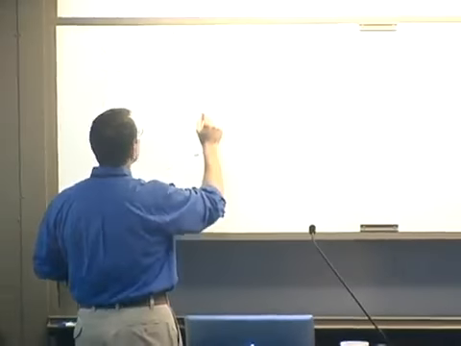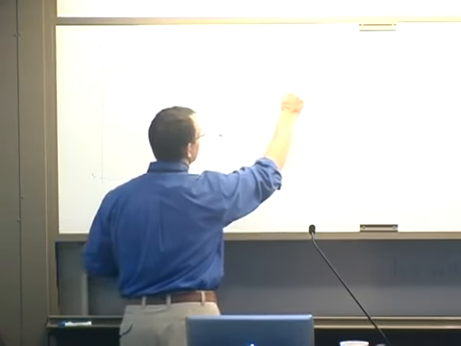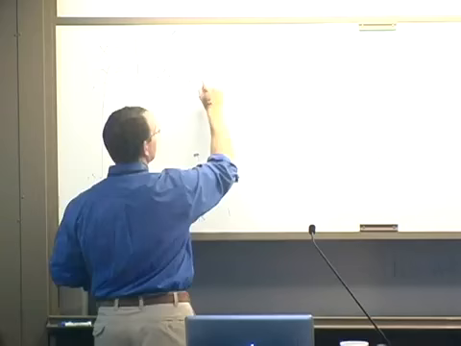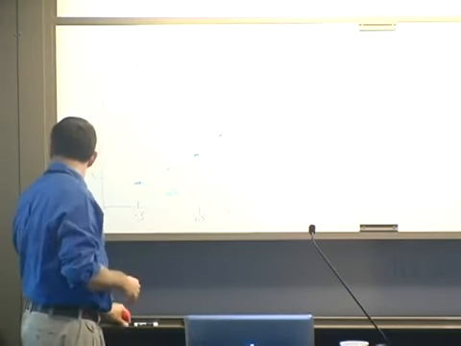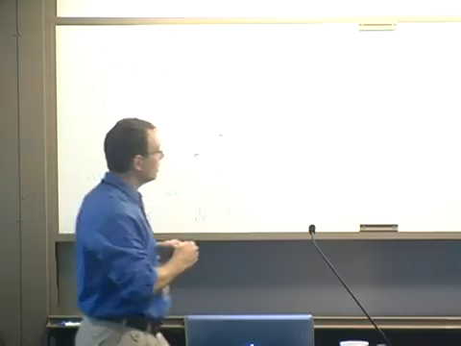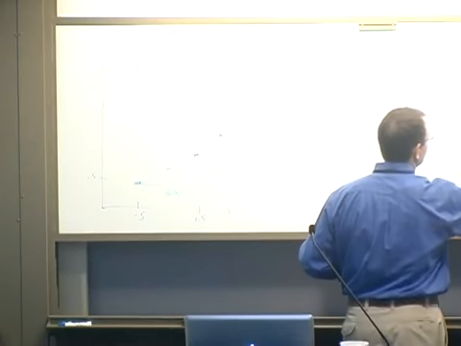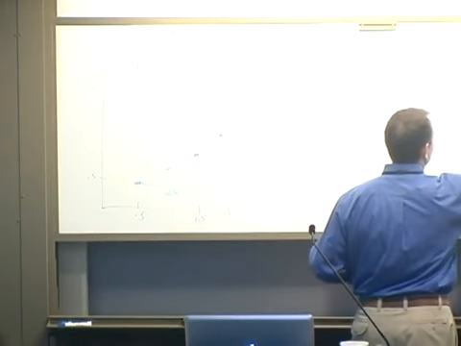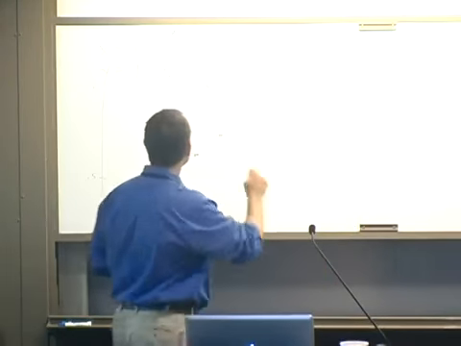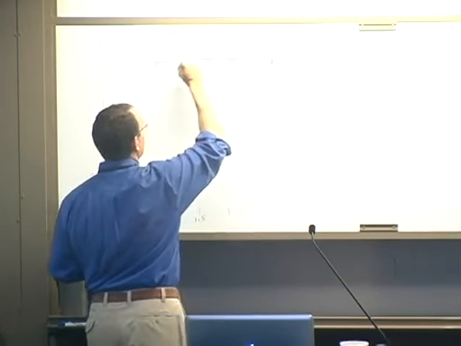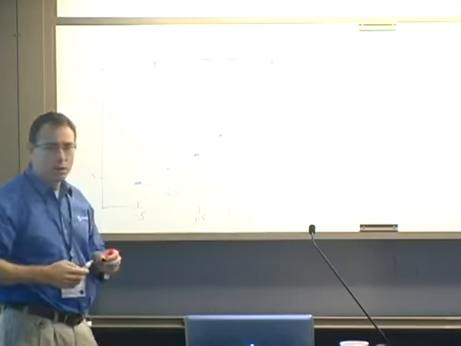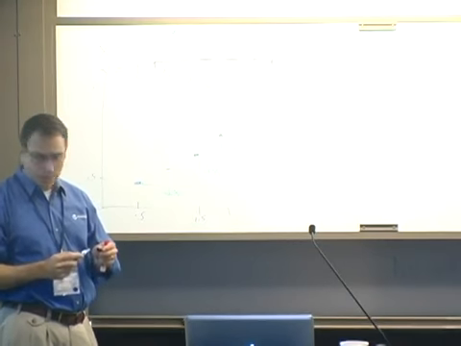That is this set of values right here. And if I look at this set, those values are located right here. So they're all contiguous.